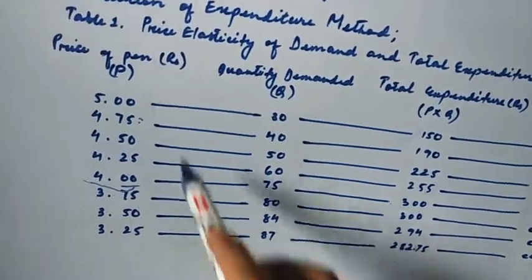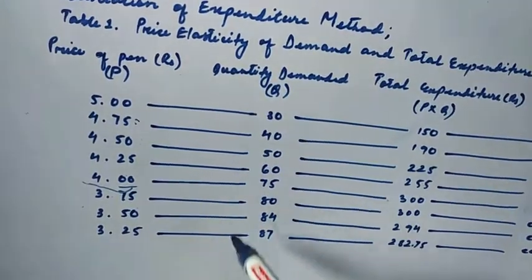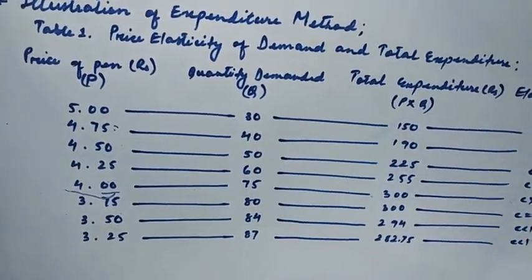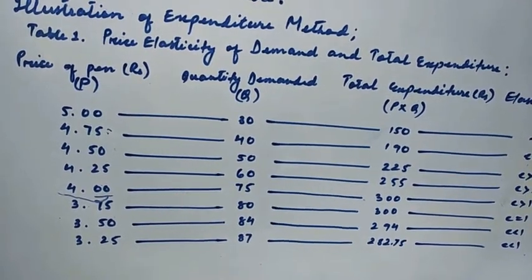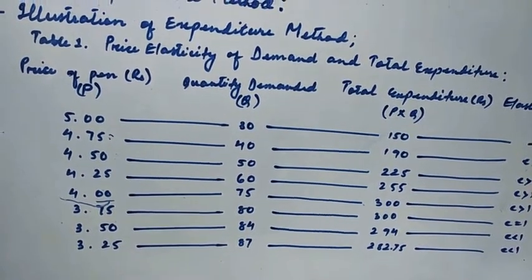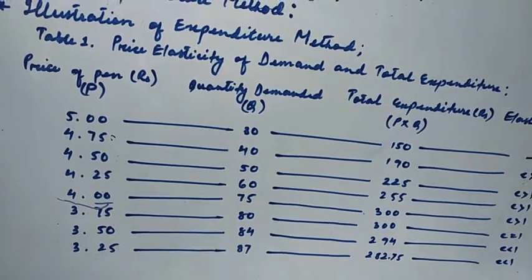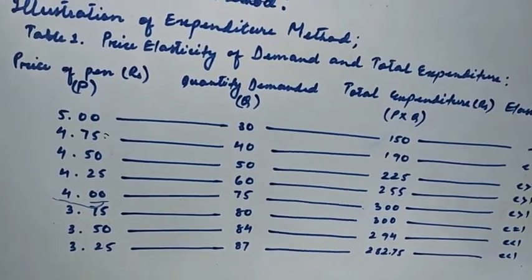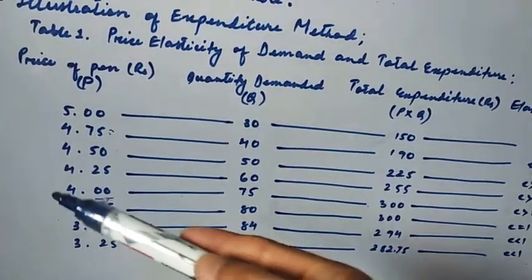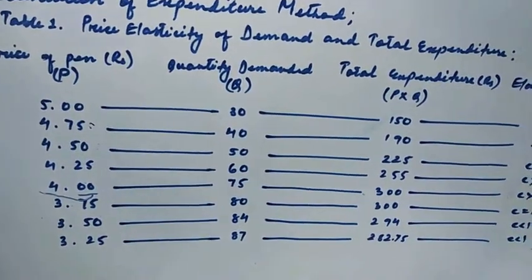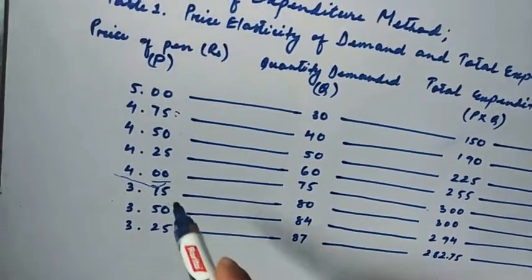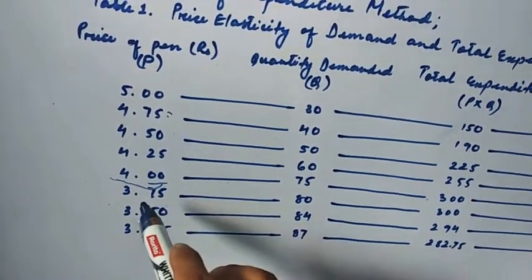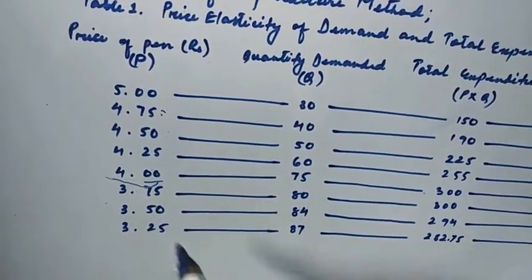So a fall in the price increases the quantity demanded, and the total expenditure on the pen increases, indicating that the elasticity of demand is greater than 1 at these prices. Again, when price falls from 4 rupees to 3.75, what do we see?